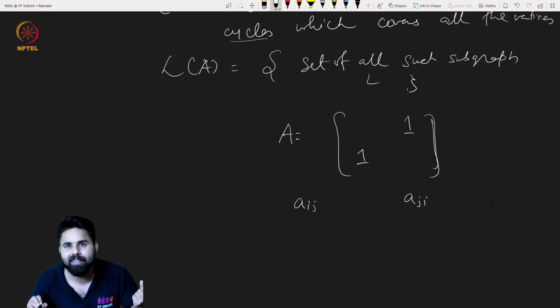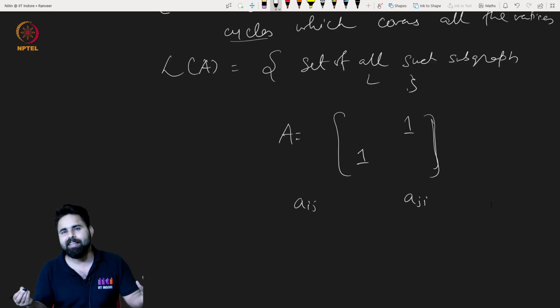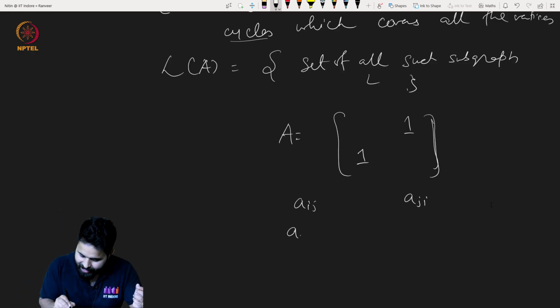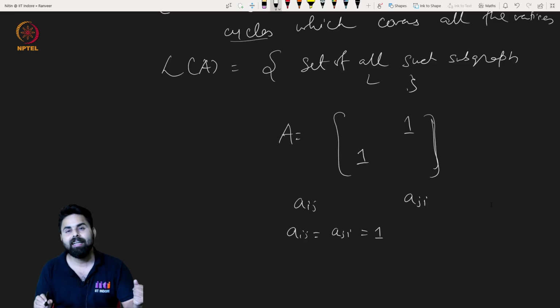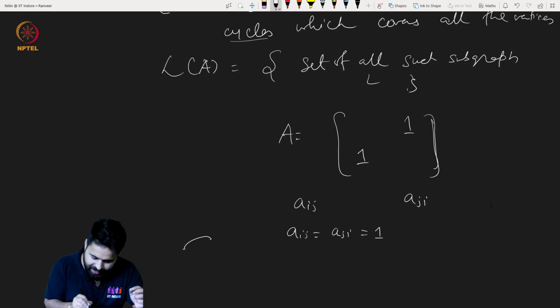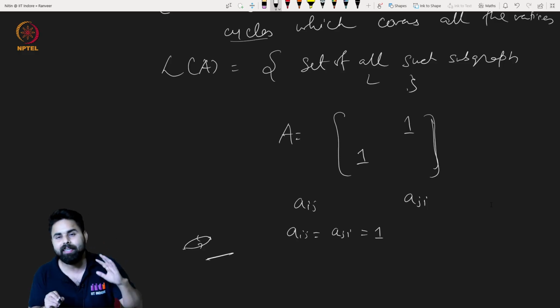But in the case of an undirected graph, A_ij equals A_ji equals 1. In that way, this edge is the same as this one. So we are making use of this.